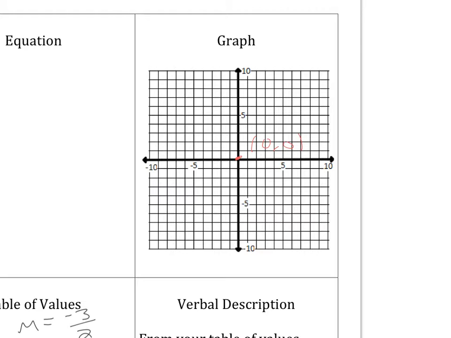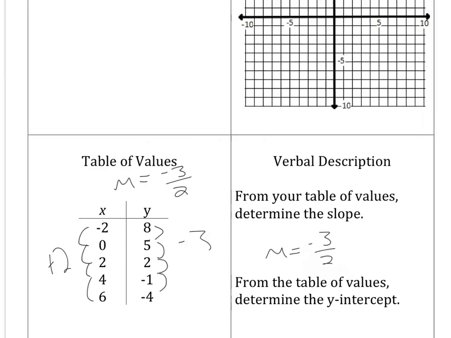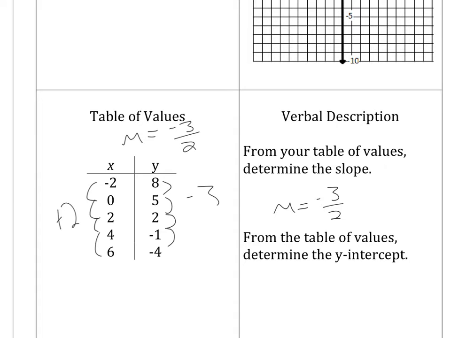Okay, or this point here is 0, 5. So all of the points on the y-axis have the x-coordinate of 0. So in our table of values, we can look to find where x is 0. And that's right here. So that gives me my y-intercept. B equals 5.